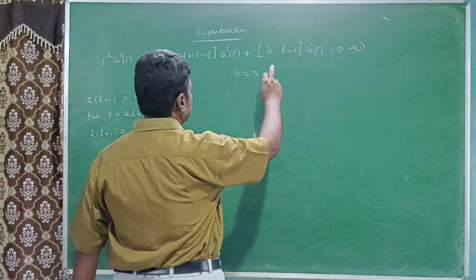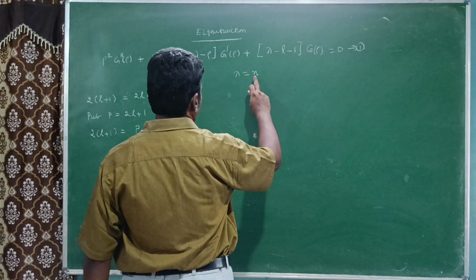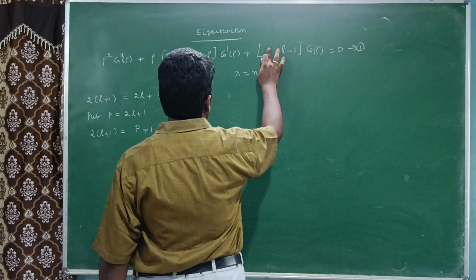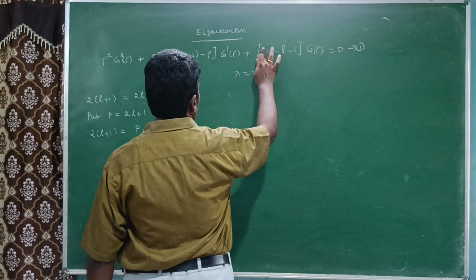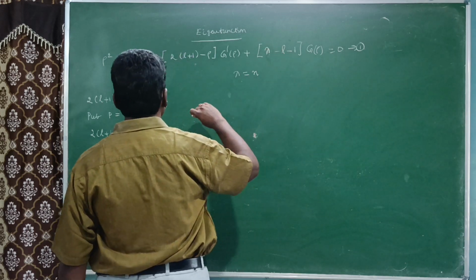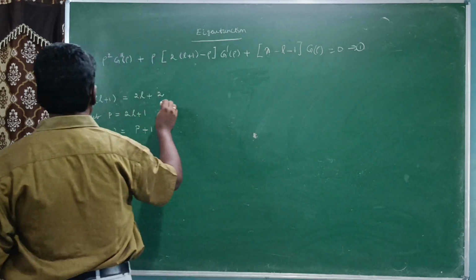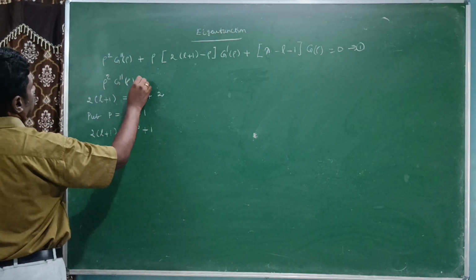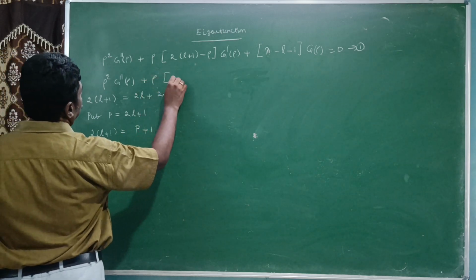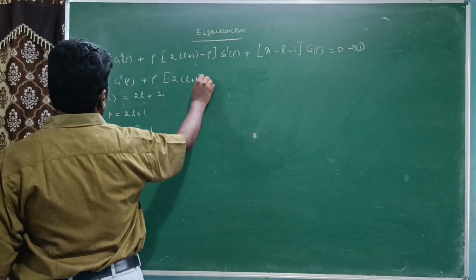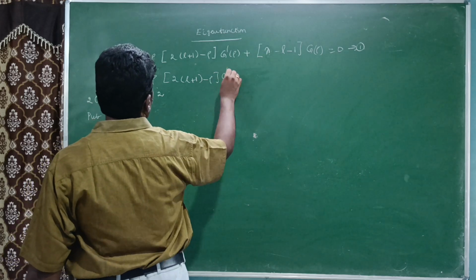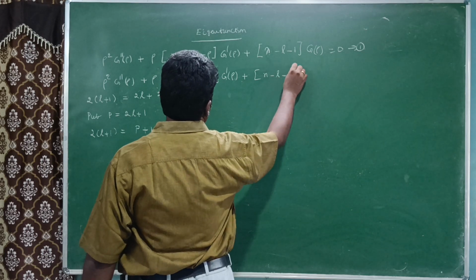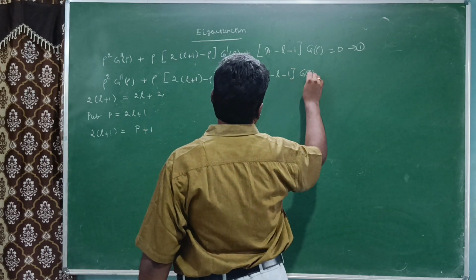Then take the term lambda. If you substitute lambda equal to n in equation 1, write it down as a separate equation: rho square g double dash of rho plus rho into (2 into (l plus 1) minus rho) g dash of rho plus (n minus l minus 1) into g of rho equal to 0.